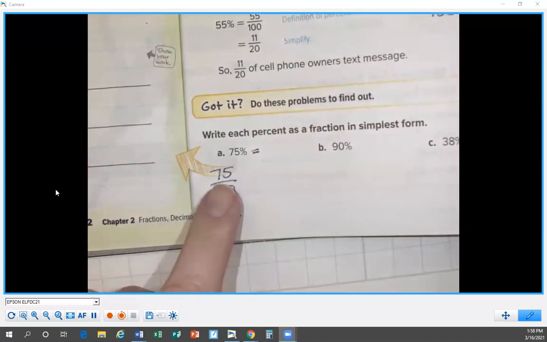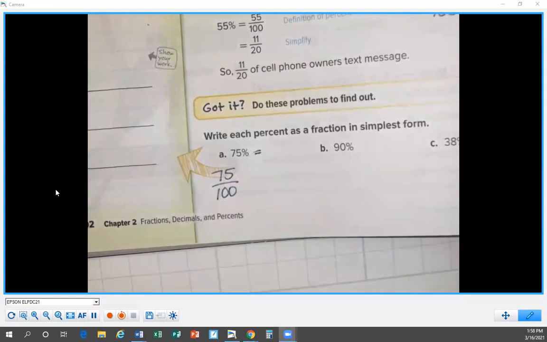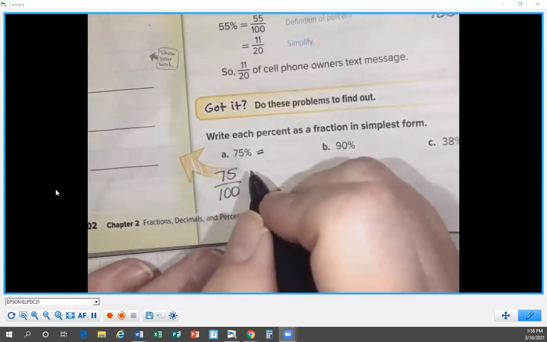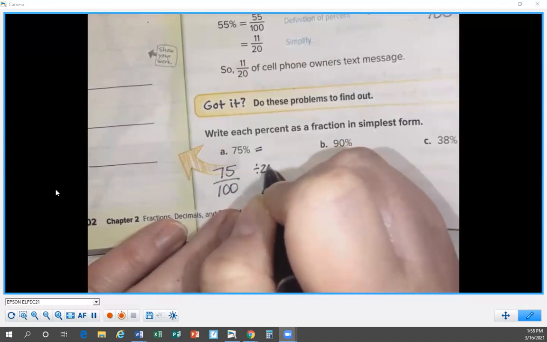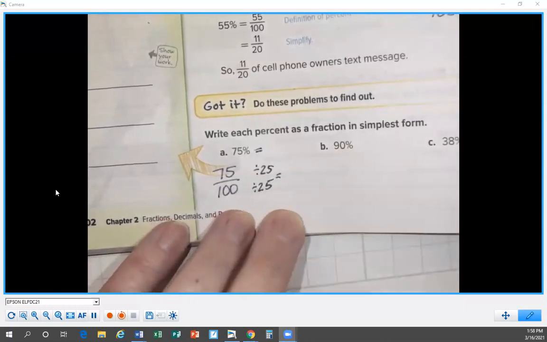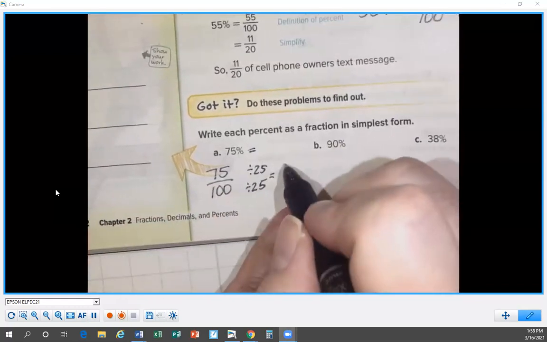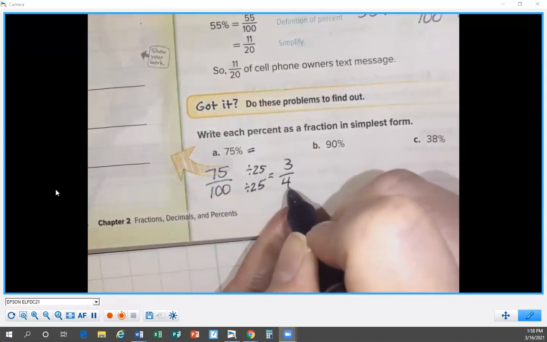If you didn't see the 25 and just divided by 5, you would notice they're still both divisible by 5, and then you would simplify again. So the greatest common factor is 25. I'll divide by 25 in the numerator and the denominator, and 75 over 100 simplifies to 3/4.